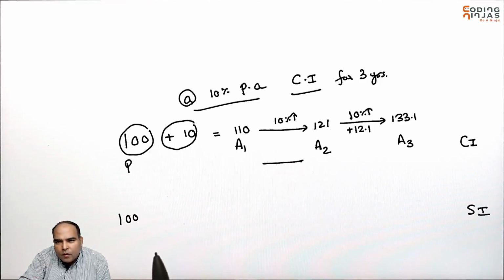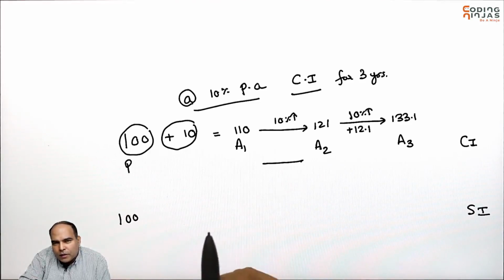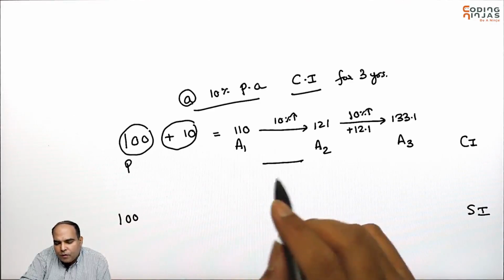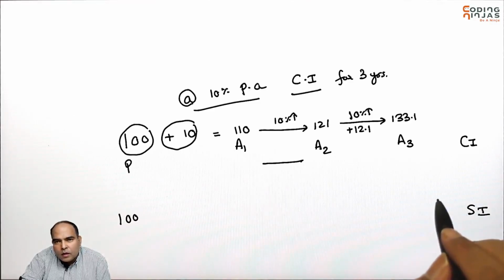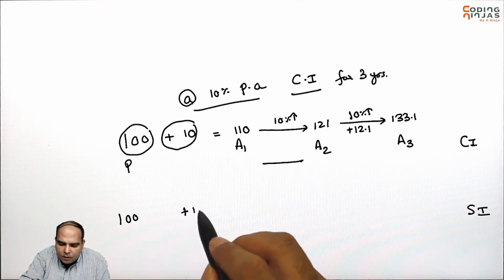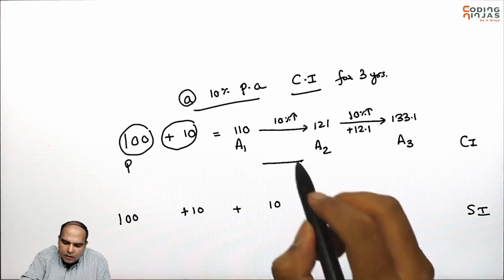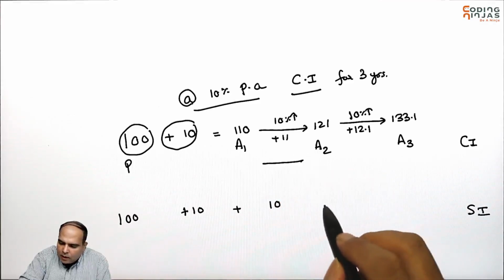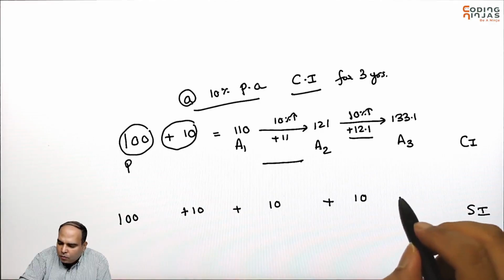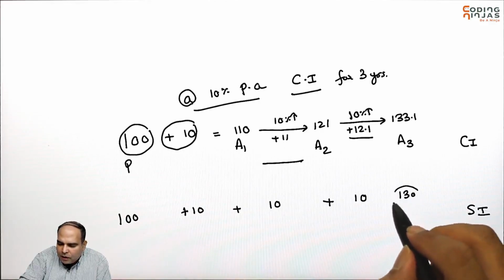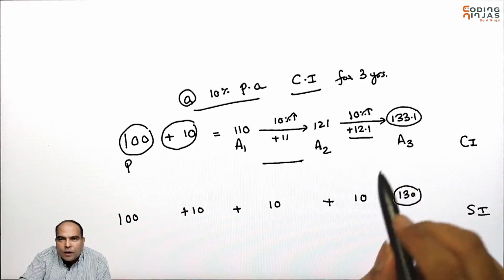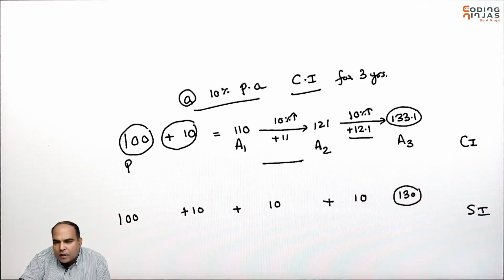But the moment you go into the compound interest structure from the second year onwards, if you remember, the simple interest structure was plus 10 again. Here you can see it's plus 11, and in simple interest the third year was again plus 10. Here you can see it's plus 12.1. So 3 years simple interest would end up at 130 from 100 at 10% per annum, and compound interest ends up at 133.1. So this is the basic difference between simple interest and compound interest.